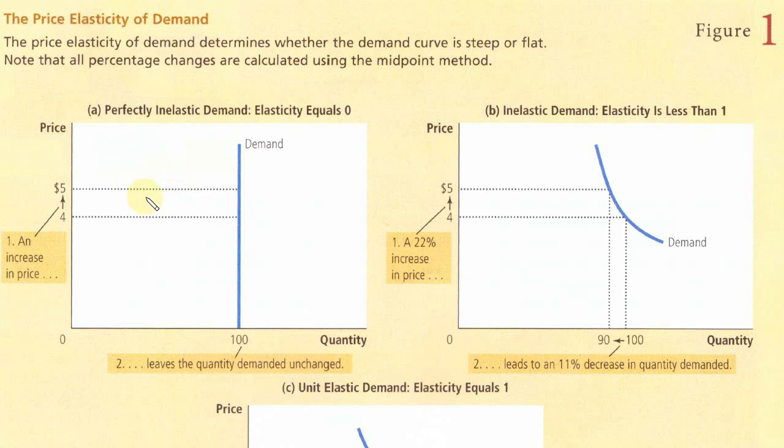Let's see here. The price increased from 4 to 5, and even though the price is increased, the demand is fixed at 100 in quantity, right?